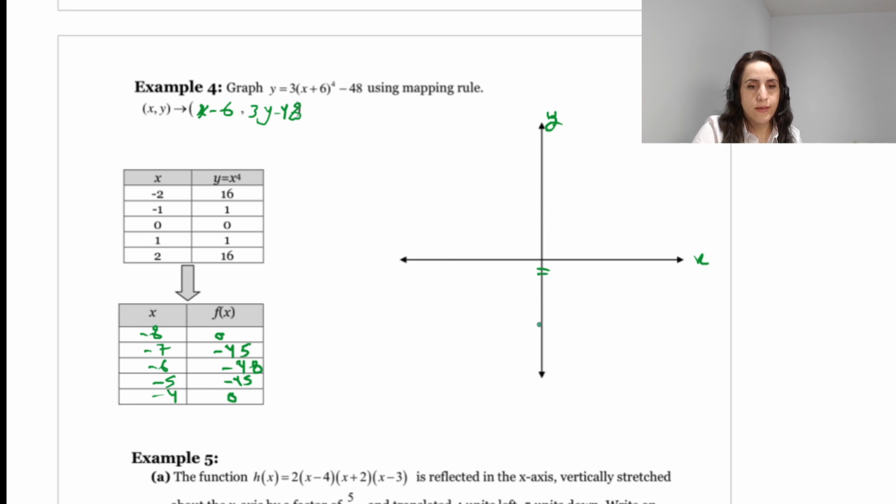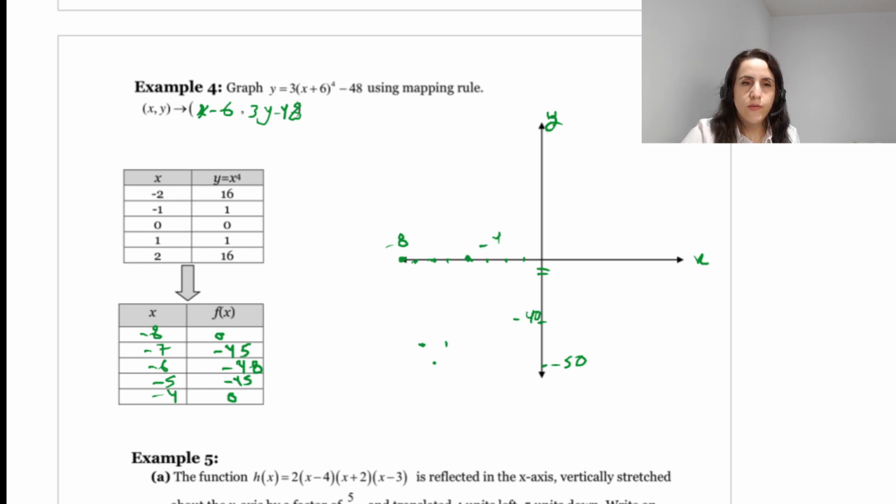I'm going to make it like that. 40, negative 50. 1, 2, 3, 4, 5, 6, 7, and 8. Negative 8 and 0. Negative 7 and 45. Negative 6 and 48. And finally, 1, 2, 3, 4.